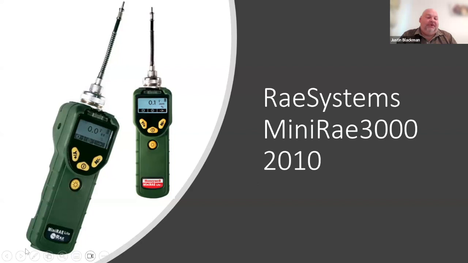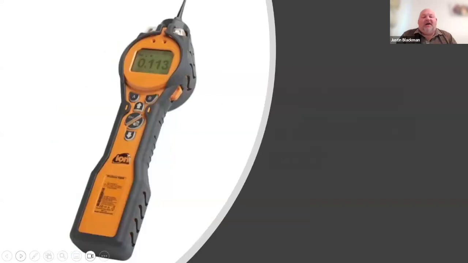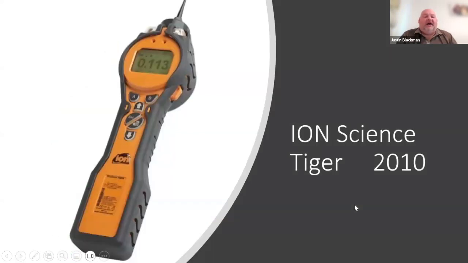Again, very important. But timeline-wise, then Ion Science with a new, more modern-looking unit comes on the scene with the Ion Science Tiger, a miniaturized PID sensor, again, using this new fence electrode technology that deals with the humidity problem.